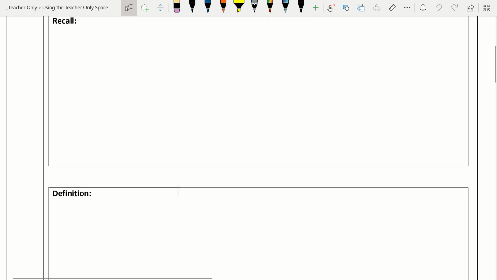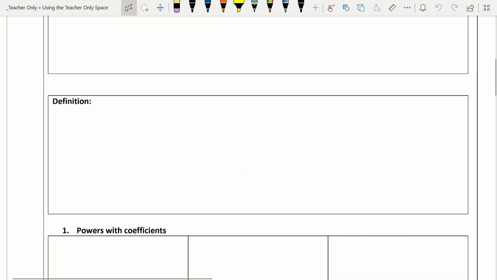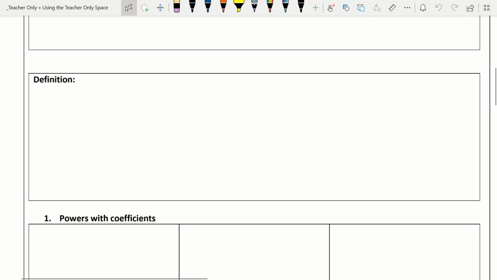Before I get there, I'm just going to do this bottom part here, the definition, to review something we talked about earlier to do with bases and powers, and we're going to introduce the coefficient. So the first thing I'm going to do is write down a power.